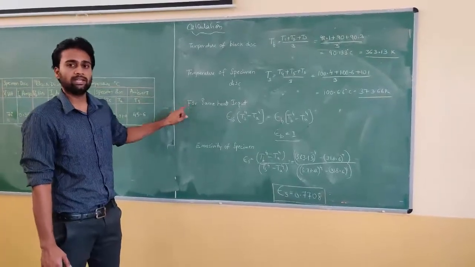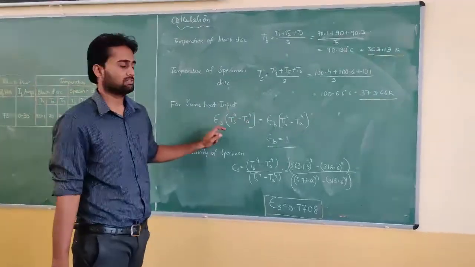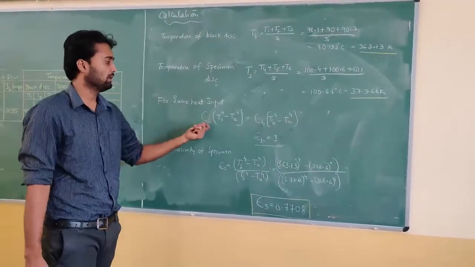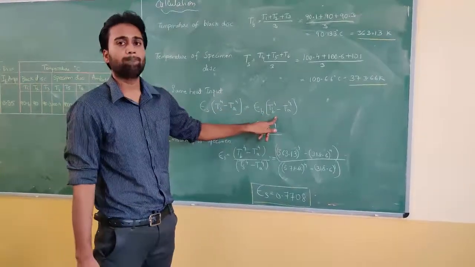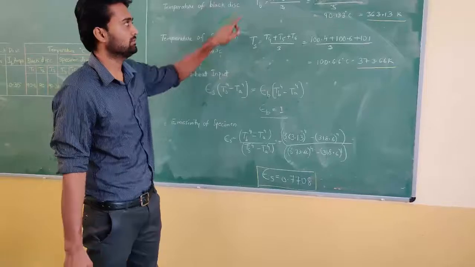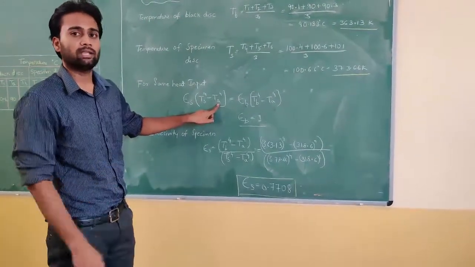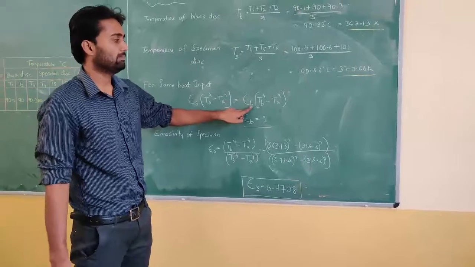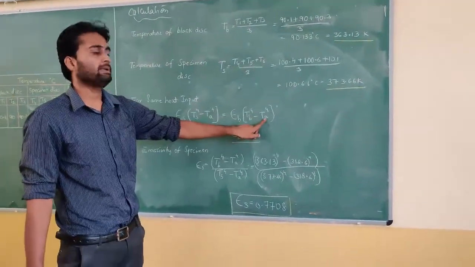For the same heat input, from the Stefan-Boltzmann law, we come to the equations. Look at the equation now. Here S stands for surface, B stands for black body. Emissivity of the surface, surface temperature, which is this. TA is T7, which is the ambient temperature. Emissivity of the black body, temperature of the black body that you have taken over here, ambient temperature.